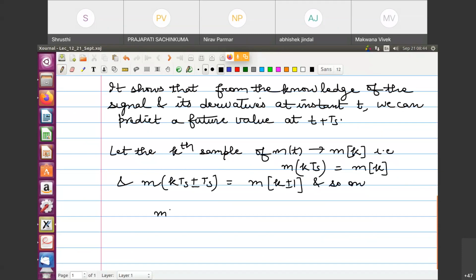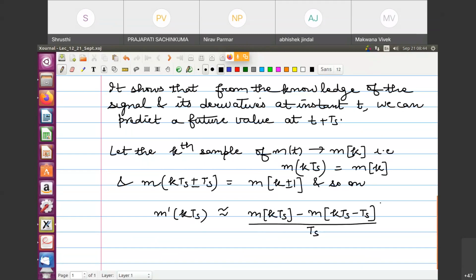So I can approximate the derivative at k of ts. Now this is the standard derivative formula. Basically in this formula you tend ts to 0 to obtain the derivative. Let us say this is the derivation from first principles, whatever you call, or the derivative.